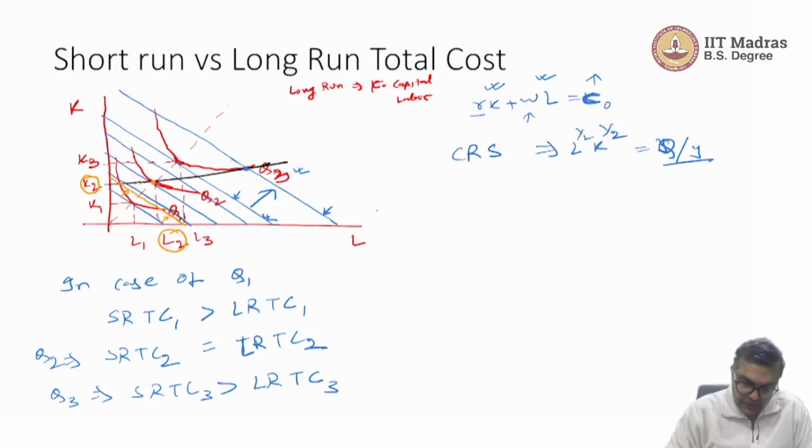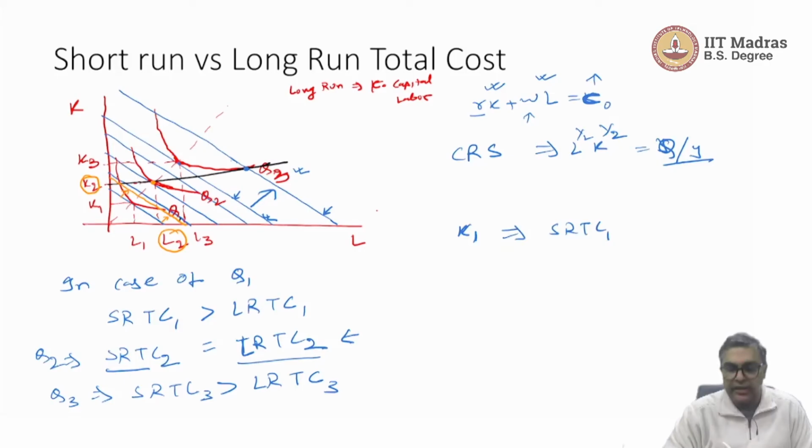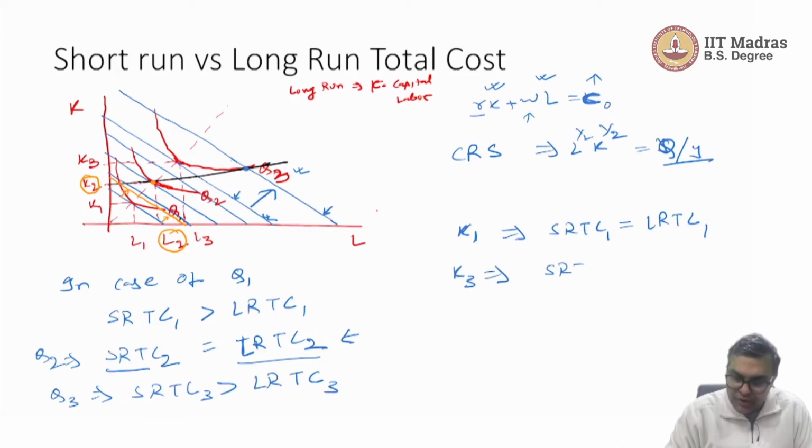It does not matter, we started with the K2 level of capital, and therefore here both short run and long run are giving the same cost. We could have started with the K1 level of capital, and in that case SRTC1, that is short run total cost at Q1, is going to equal long run total cost at Q1. Similarly, if we had started with K3, the short run total cost at Q3 is going to be equal to long run total cost at Q3.